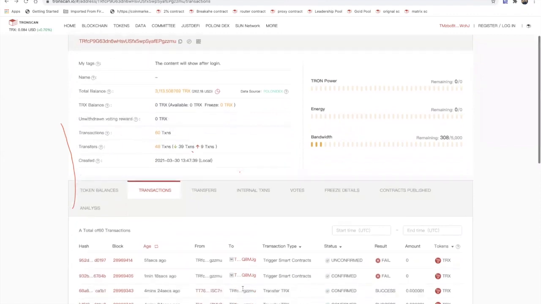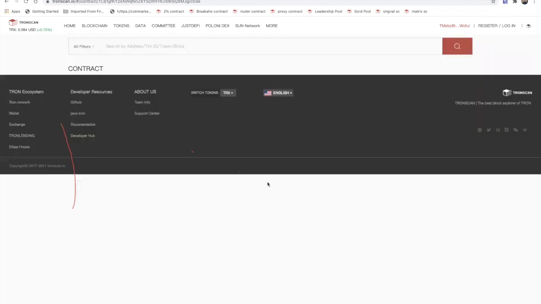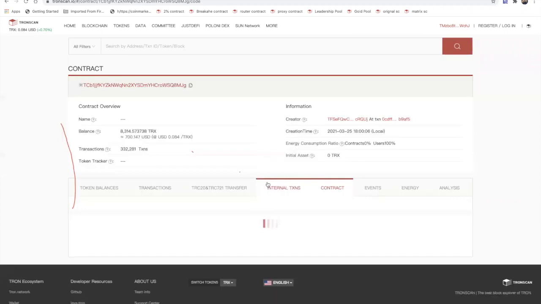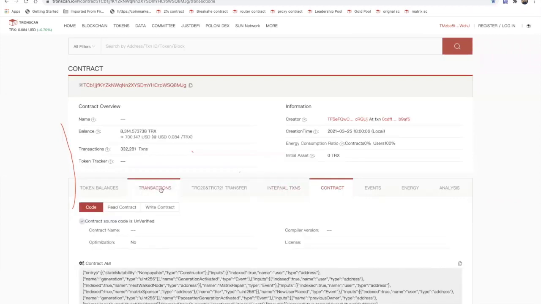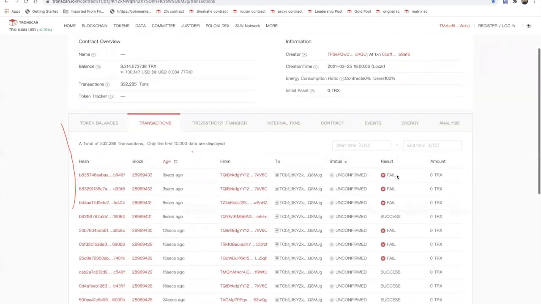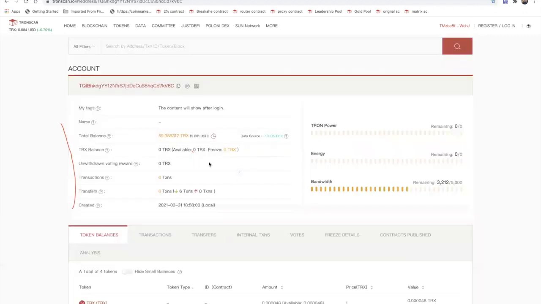We go to any of these failed transactions, and you're going to see it's because they did not have enough, unless it's a timeout. But you can see here, out of energy, out of energy, out of energy. We click on this member's wallet, and they have 0 Tron available.